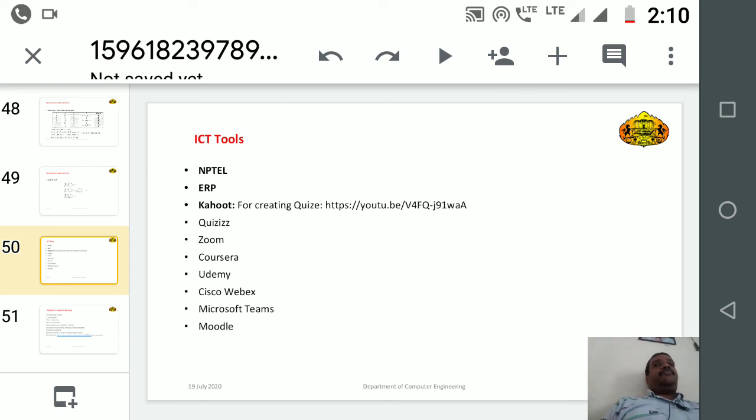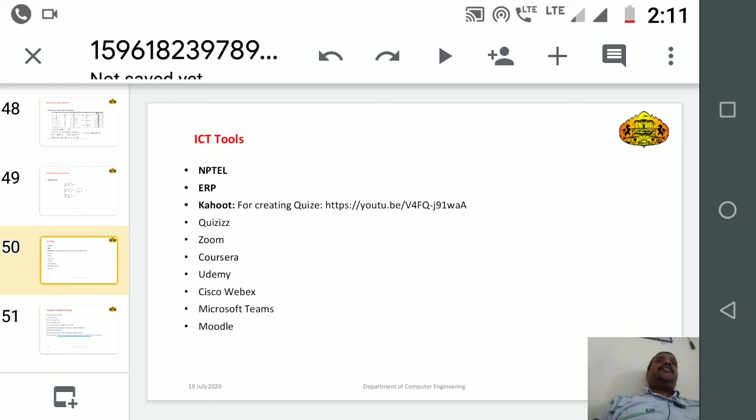You can do this. Cisco WebEx, Microsoft Teams, these are online platforms, and Moodle. We will see them when our lectures are conducted offline. So these are the ICT tools, meaning you can study this subject online.